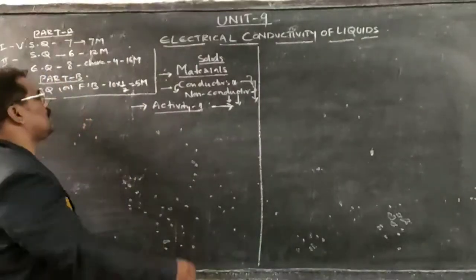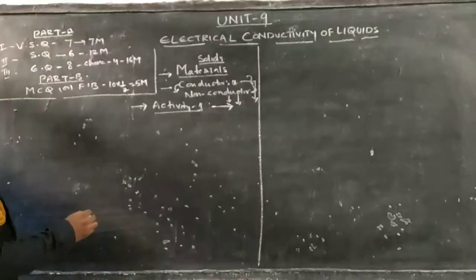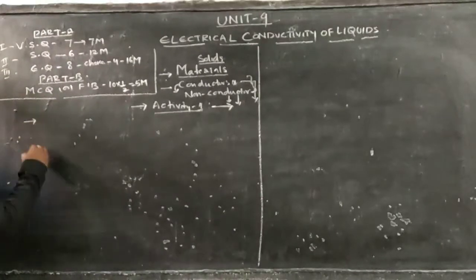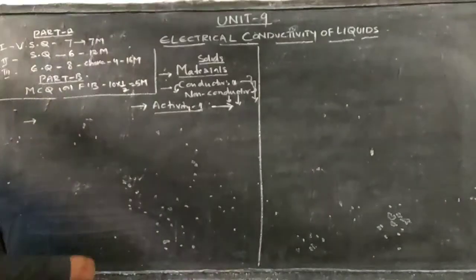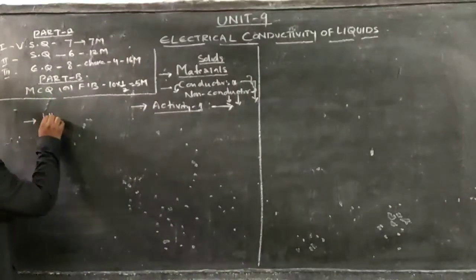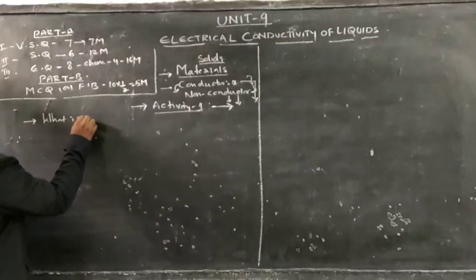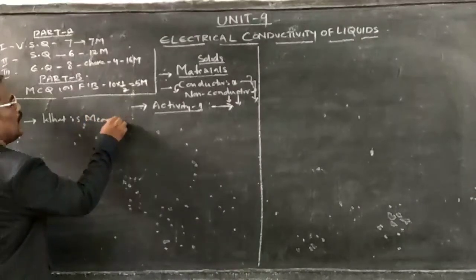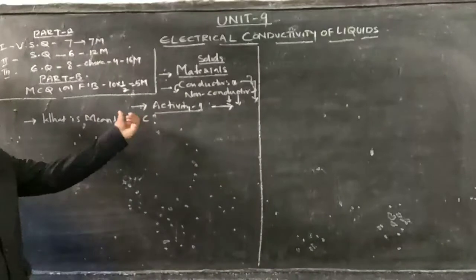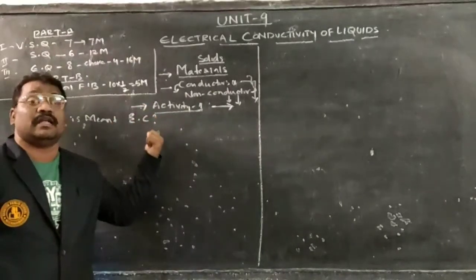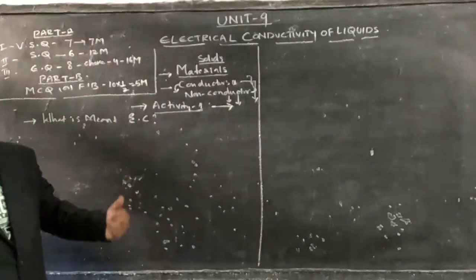Next one is a 1 mark question. What is meant by electrical conductivity? EC could represent electric current, but here we are taking it as electrical conductivity.